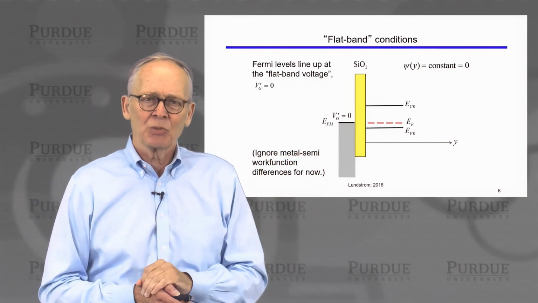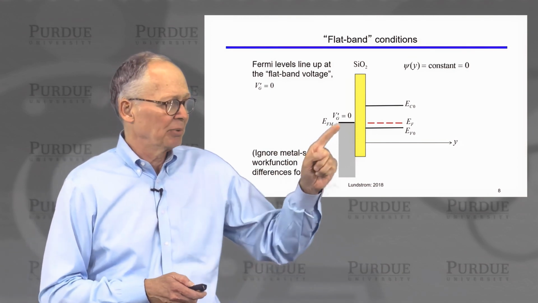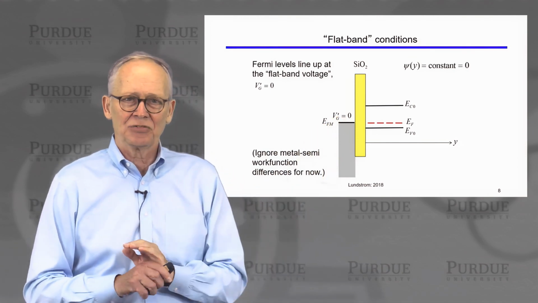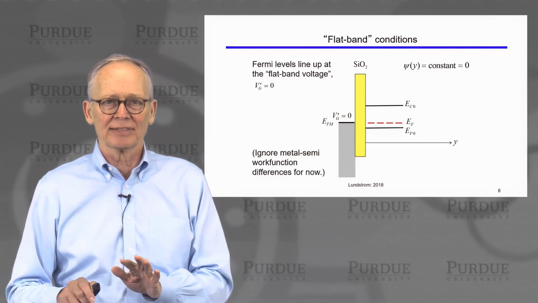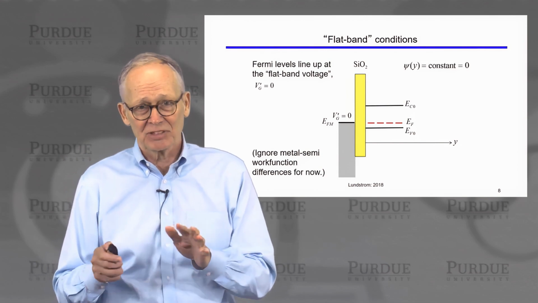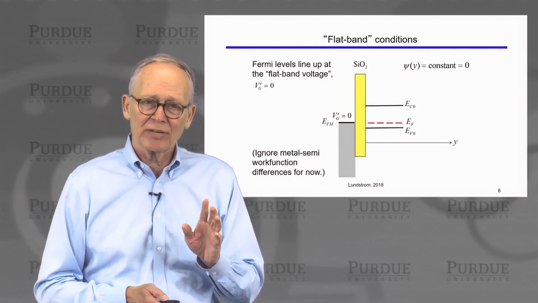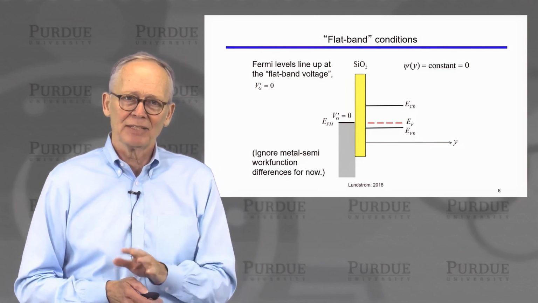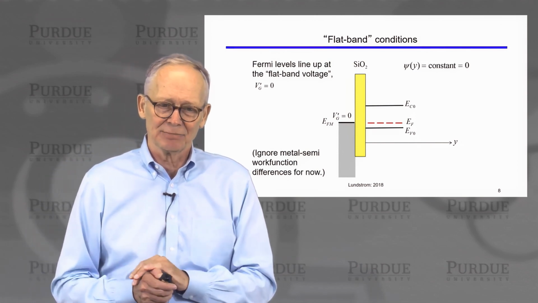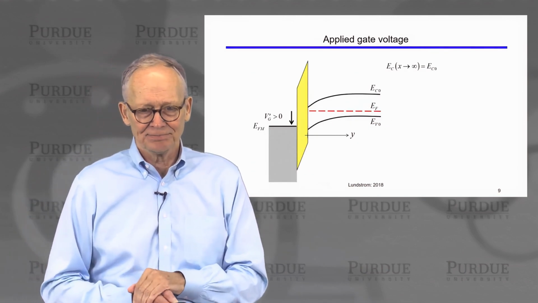But right now, we're going to assume that we have a hypothetical metal where when we apply 0 volts to the gate, its Fermi level lines up with the Fermi level in the semiconductor, wherever that Fermi level happens to be, which is set by how we doped the semiconductor. So whenever I refer to Vg prime, the prime means it's this idealized metal. It's easier to understand this way, and it's easy to fix up later.